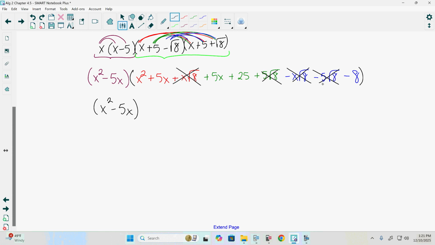Those all become 0. x squared is the only like term. Our x terms, we have 5x plus 5x, which is plus 10x. And lastly, we have 25 minus 8, which is going to be plus 17.